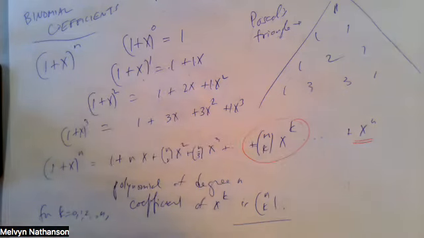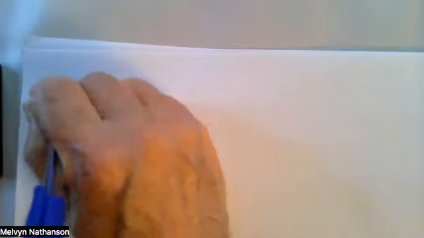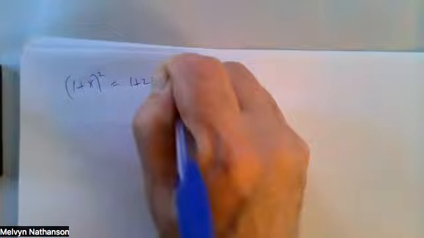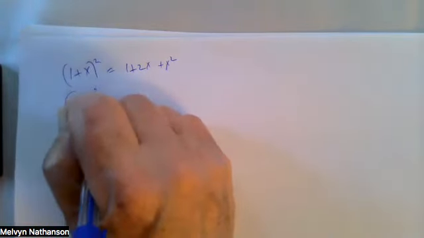Okay, so for any x, 1 plus x squared is 1 plus 2x plus x squared. That's a very good question. I'm glad you asked that. So this is 1 plus x squared. And you're asking about 1 minus x squared, for example. Is that right? Yeah.